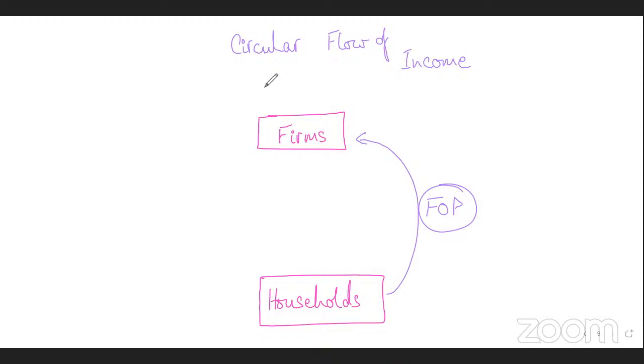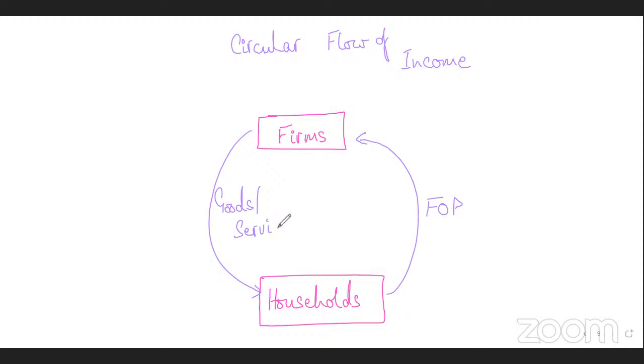Now, what do firms do with those resources? What's the nature of the job of firms? Using these resources, what will the firm do? The firm will convert these resources, factors of production, into goods and services. Yes or no? So firms use these resources to produce goods and services, right?